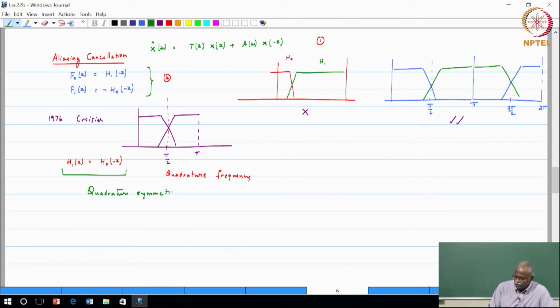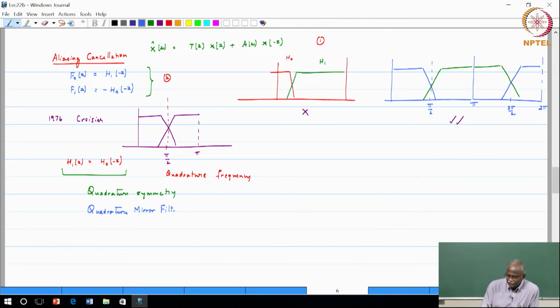This class of filters, where two filters satisfy quadrature symmetry, came to be called quadrature mirror filters. The historical development was from the angle of getting rid of aliasing and simplifying the filter design, and so the symmetry came about, and this came to be used very widely.